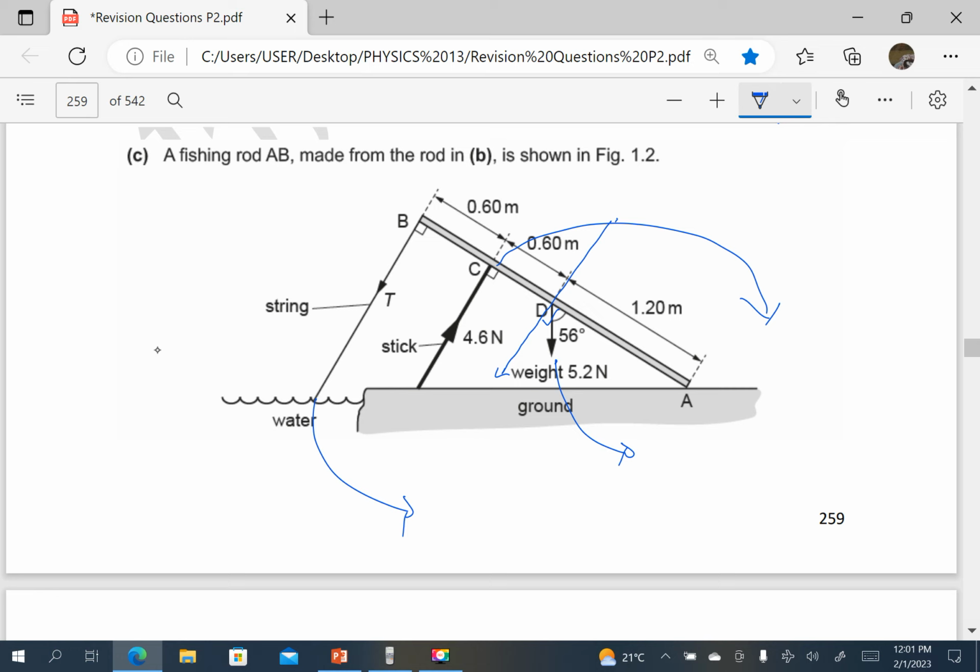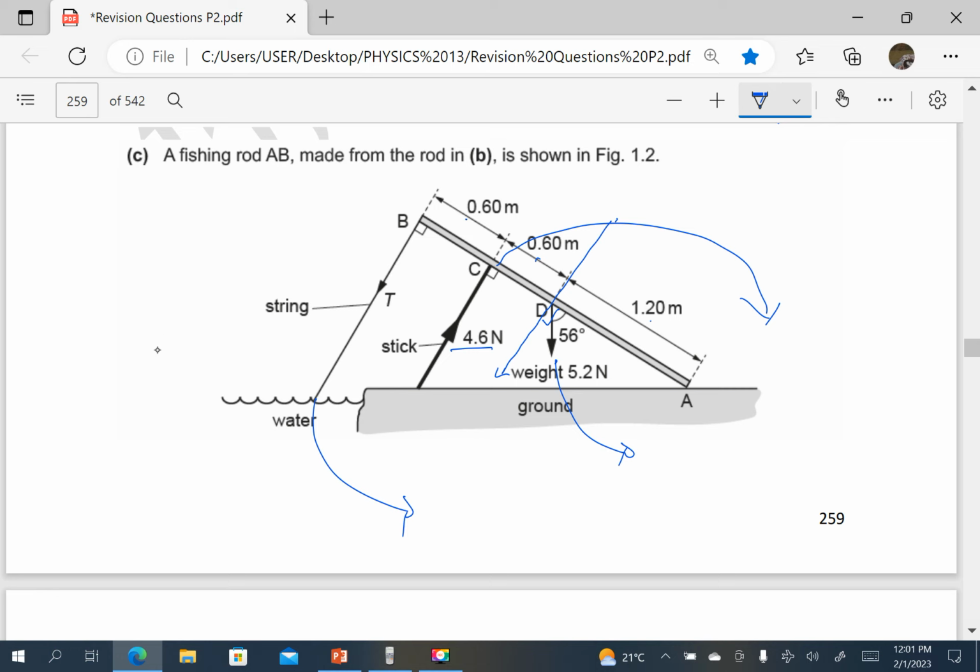All we need is to find the perpendicular distances. For T, perpendicular distance is 0.6 plus 0.6 plus 1.2, which is 2.4. For 4.6 newtons, the perpendicular distance is 0.6 plus 1.2, that is 1.8.